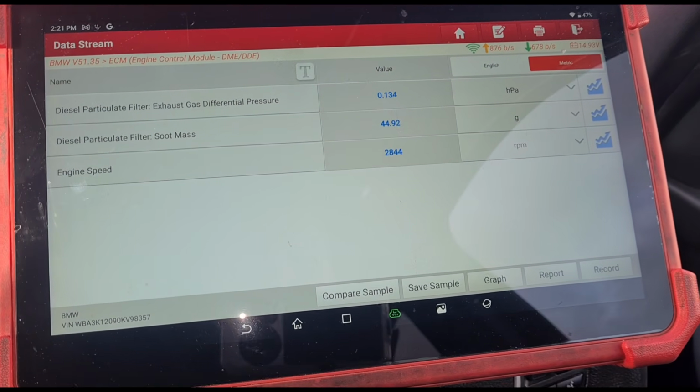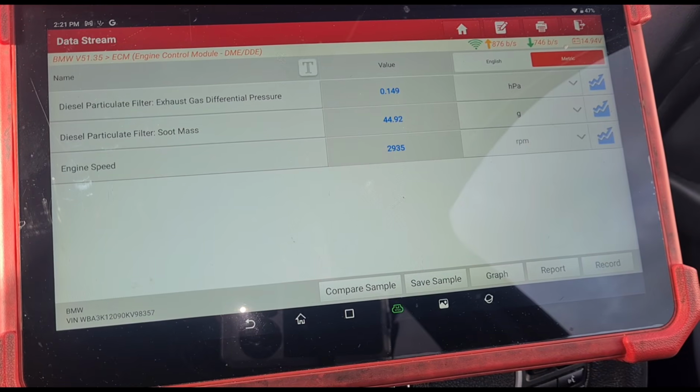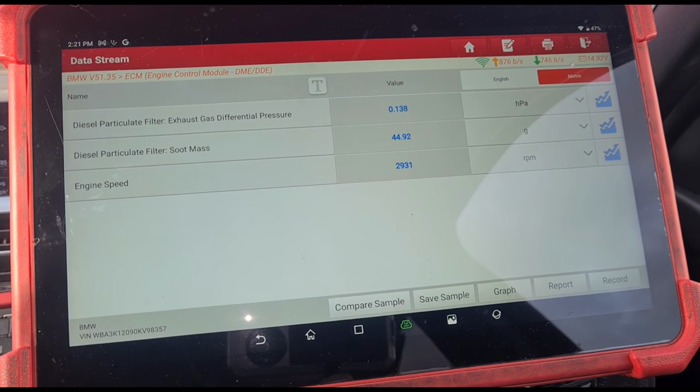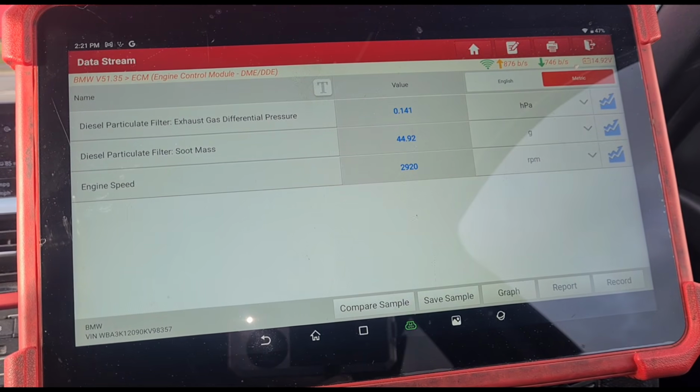44.9 millibars of pressure. Hold the car up to 3000 RPM. It's dropping there, the revs are dropping. Try and hold it steady.